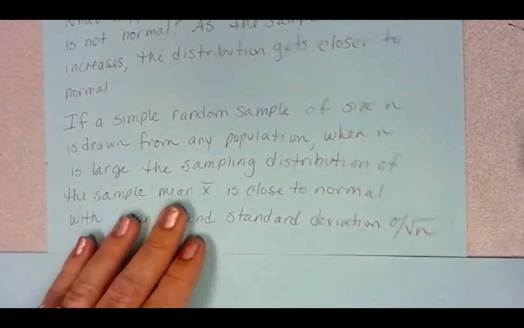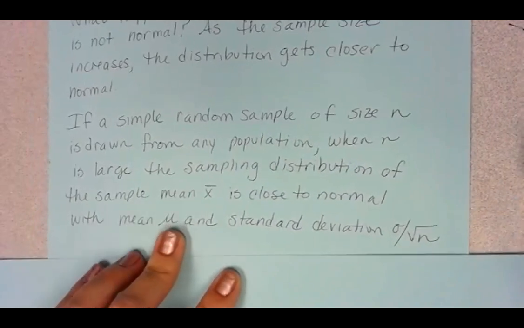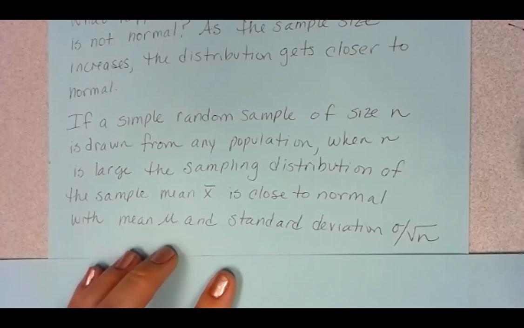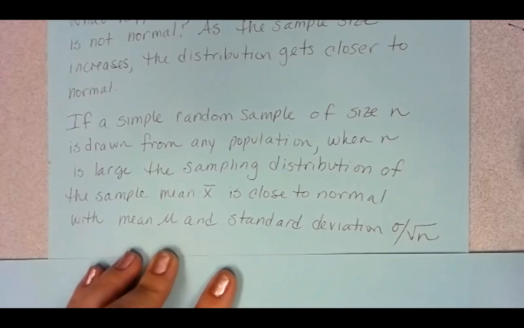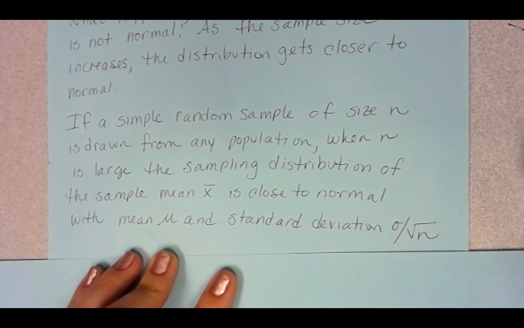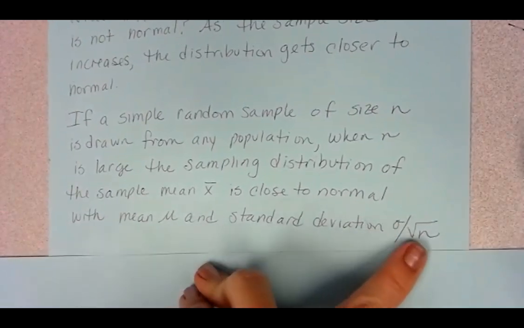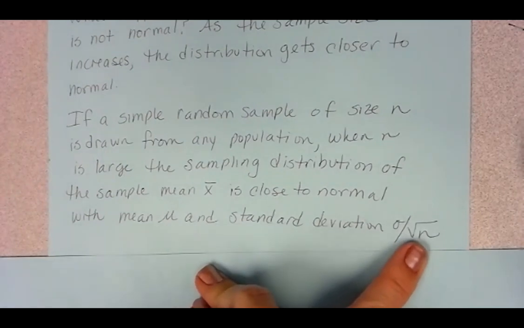And in fact, if a simple random sample of size n is drawn from any population, when n is large, the sampling distribution of the sample mean X bar is close to normal. And it has a mean of mu and a standard deviation of sigma over the square root of n.